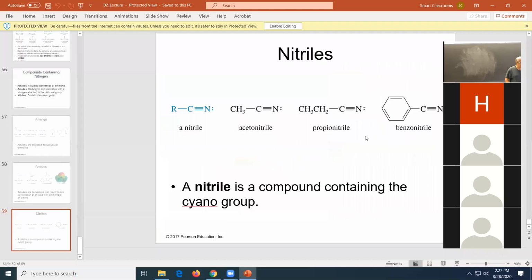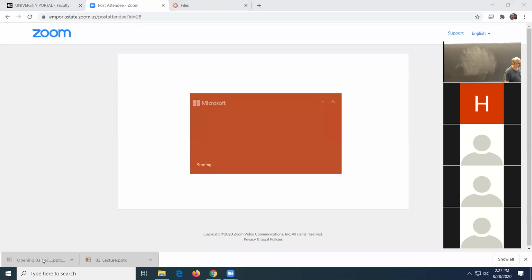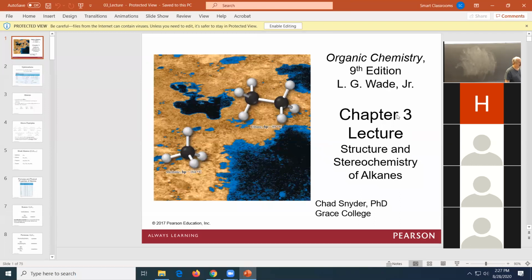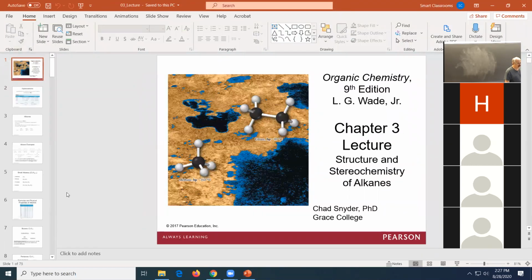Okay, next we're going to turn our attention to Chapter 3. And we're going to specifically look at the structure and stereochemistry, or three-dimensional geometry, of alkanes.